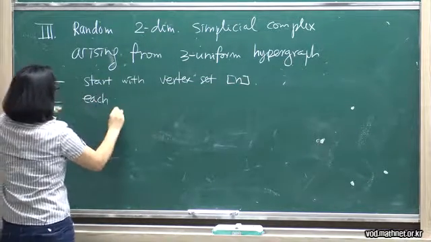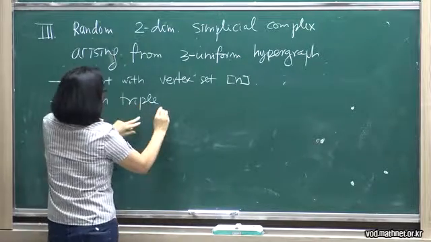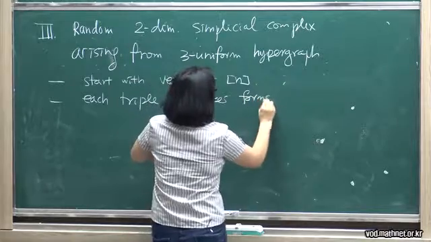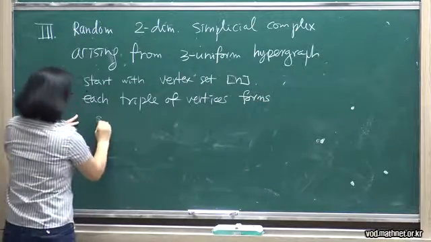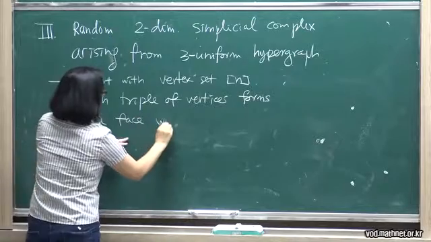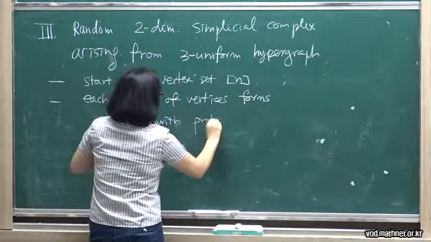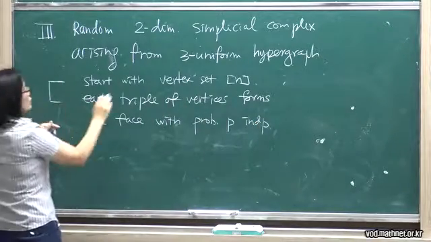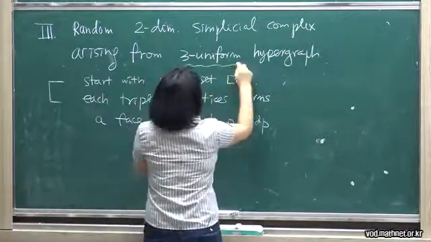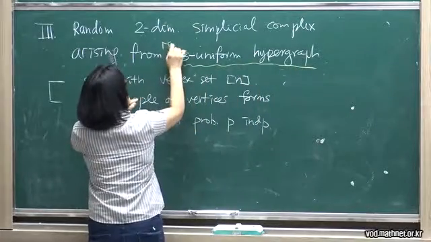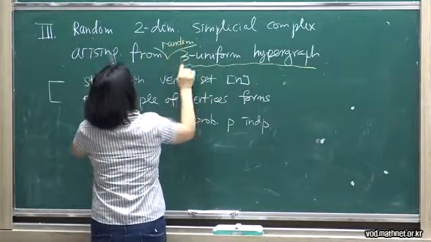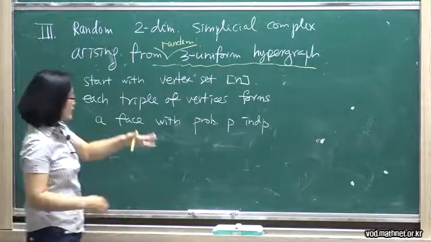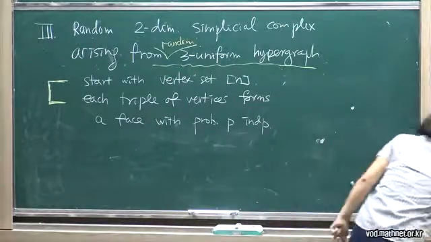Then each triple of vertices forms an edge, forms a face, with probability p independently. This is the construction of this three uniform hypergraph. Indeed, it is random. This has been constructed in this line. Each triple forms an edge with probability p.